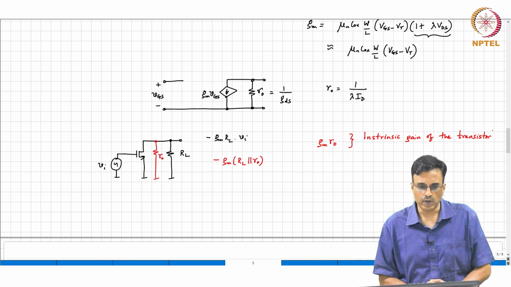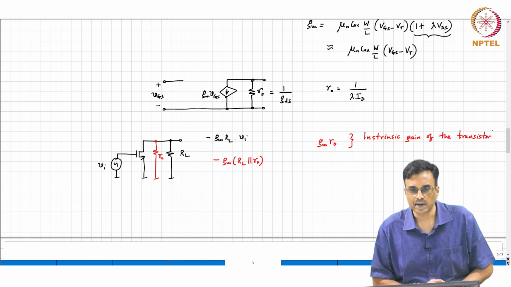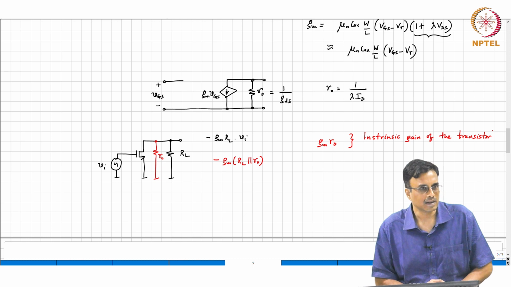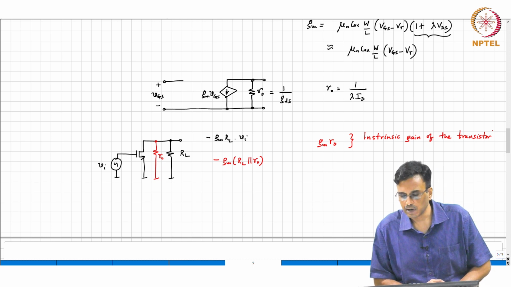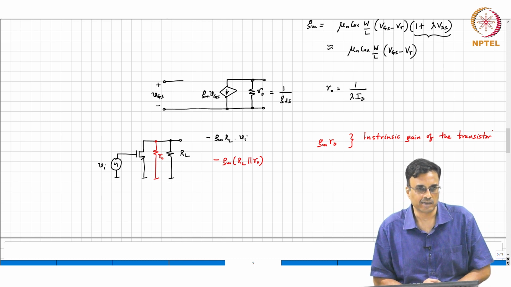If you choose very short channel lengths, the GM RO can be as small as maybe 8 or 10. If you choose long lengths for the transistor, it can be as high as maybe 50, 60, whatever. So, you can see that the GM RO is of the order of a few tens, that is what you can expect in practice.